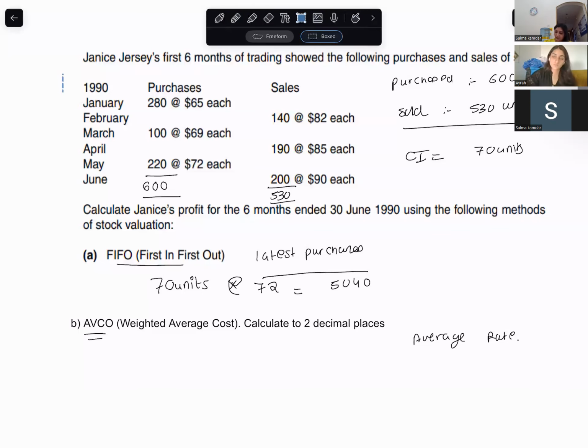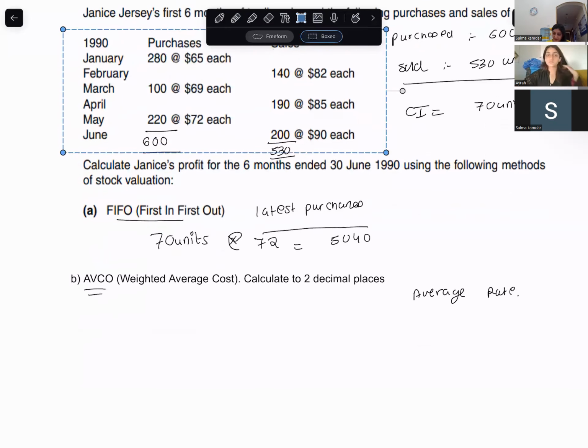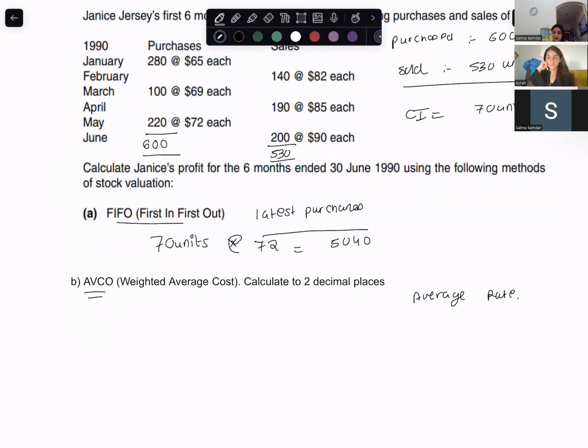So when we are starting with the AFCO method, we have to find the average rate always, right? So in, out and balance. Are you with me? Okay, fine. In was 280 units at the rate of 65.